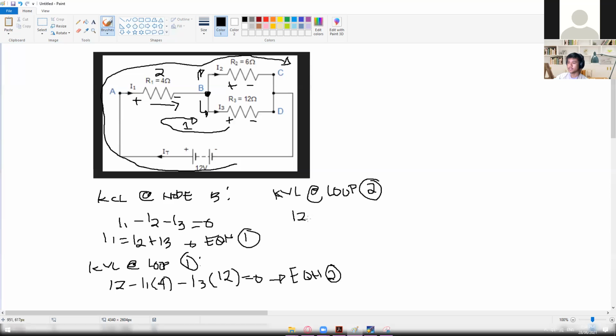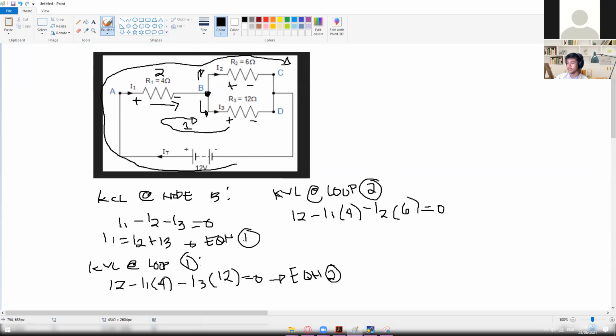So we still have positive 12 volts minus I1 times R1, which is 4. And then going right here, we now have minus I2 times 6 ohms. And then going back to our original voltage source, it is equal to 0.